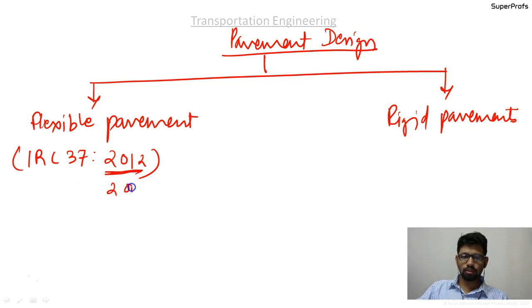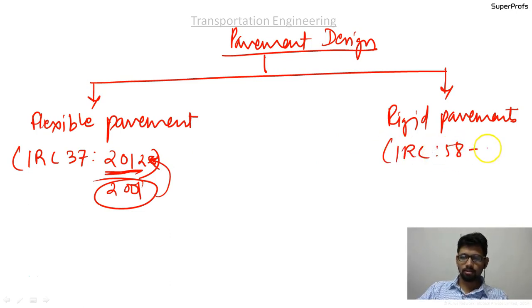Earlier it was 2001, but it is now 2012, the next version. And rigid pavements as per IRC 58 2012, both updated in 2012.